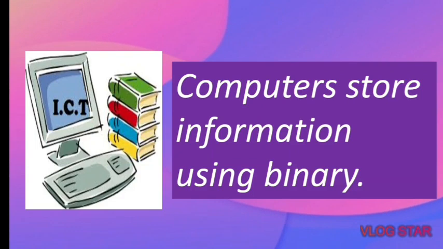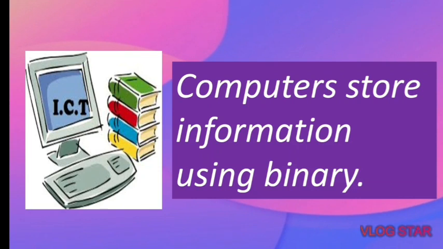Computers don't understand human language, so anytime you type into the computer, it converts that information into a programming language through binary codes, processes it, and then replies back in a way humans can understand.